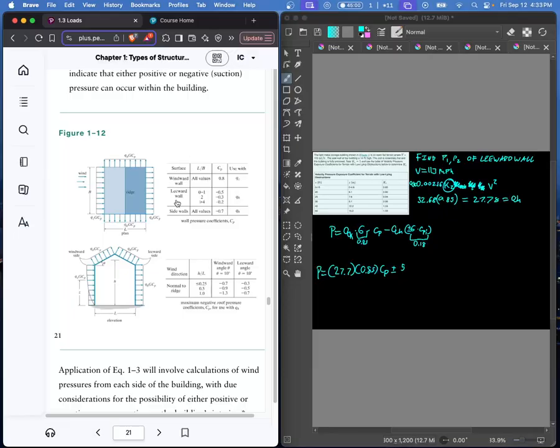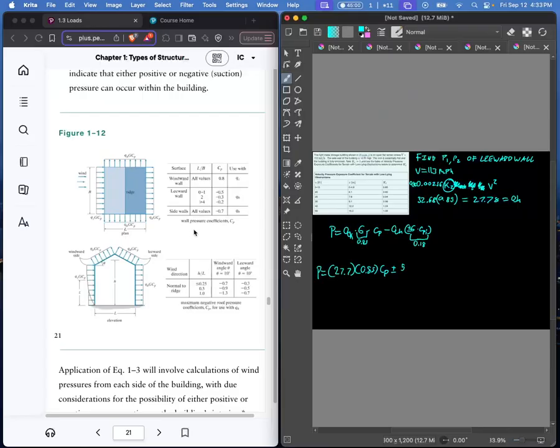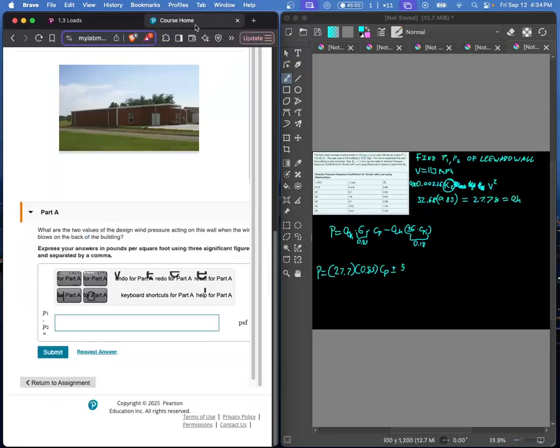For a leeward wall, we need to find L over B. Do we have L over B? Do we have that at all? We know it's 14 feet high. That's all we know. And is it asking for sidewall? I'm going to make sure it's not asking for a sidewall.